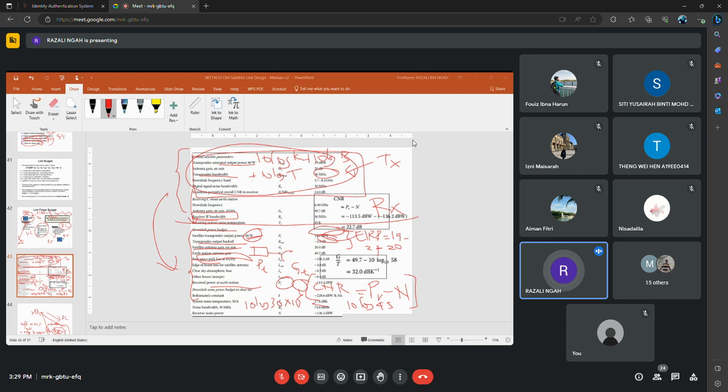The system noise temperature is 58 Kelvin because the clear air attenuation of 0.2 dB creates an antenna noise temperature of 13 Kelvin, which adds to the low noise temperature of 45.